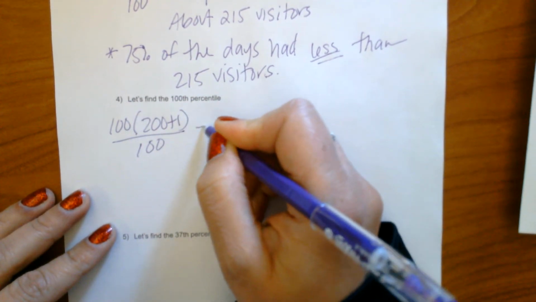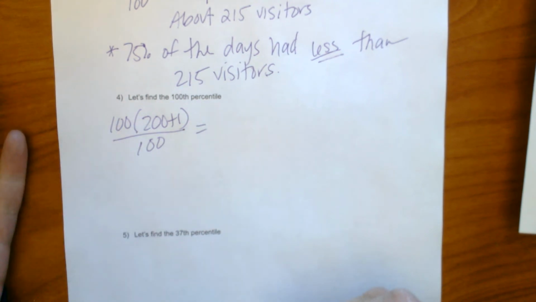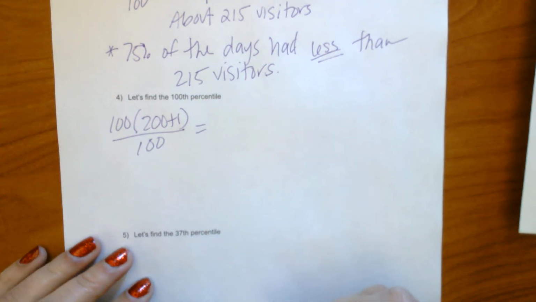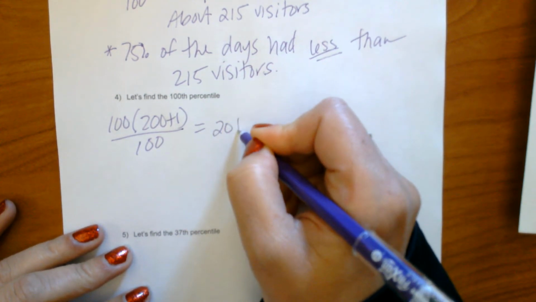So using our formula, look what happens. 100 divided by 100, right? It cancels out because it's 100% of 100, 100%. So this comes out to be 201.